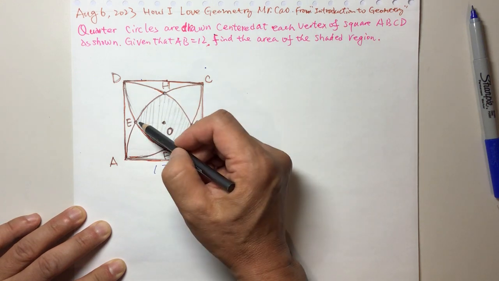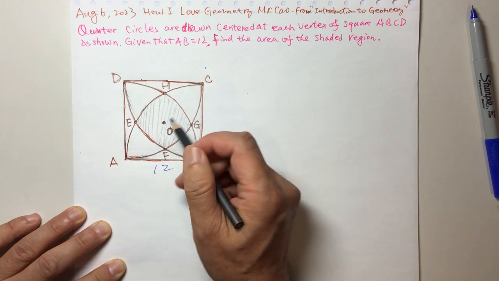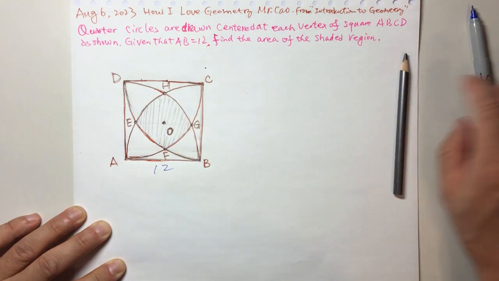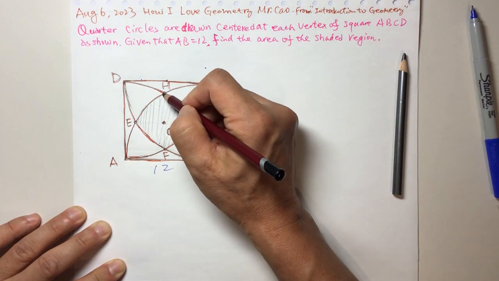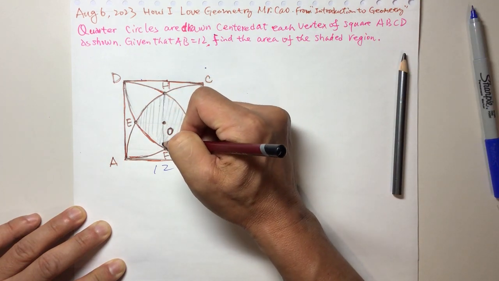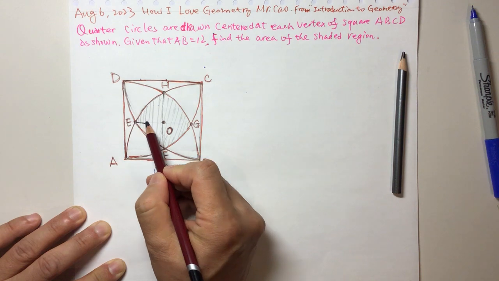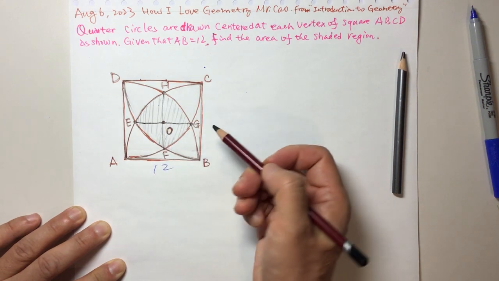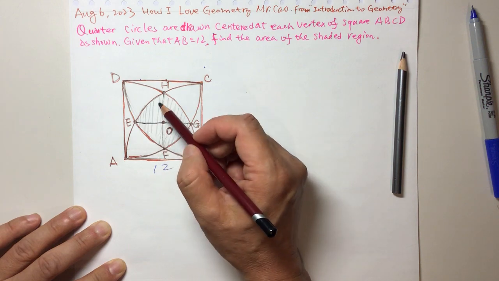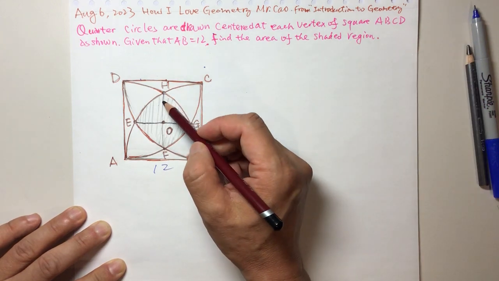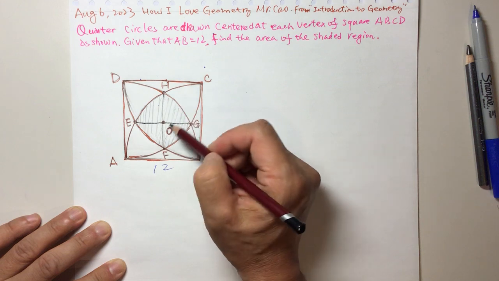So if we connect E, G and H, F, we cut this shaded region into 4 congruent parts.